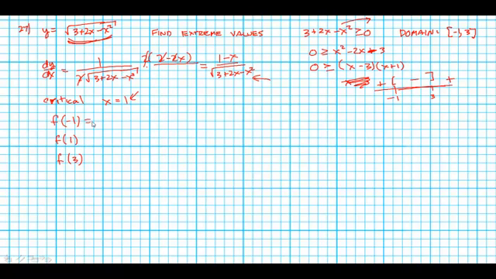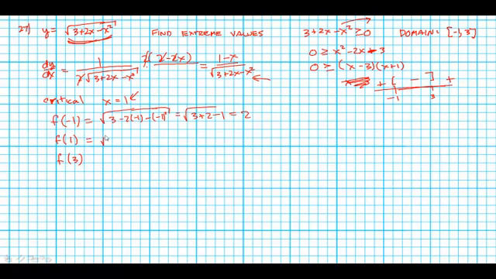When x is negative 1, we get the square root of 3 minus 2 times negative 1 minus negative 1 squared. That is the square root of 3 plus 2 minus 1. 5 minus 1 is 4. Square root of 4 is 2.